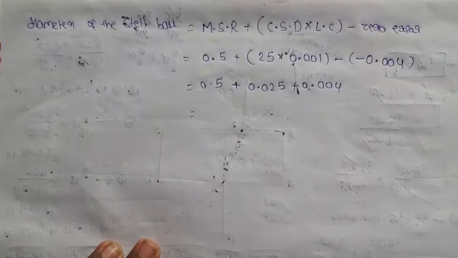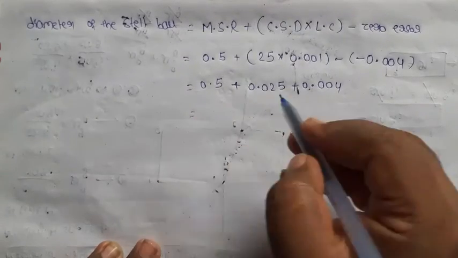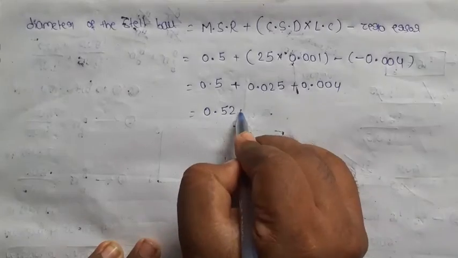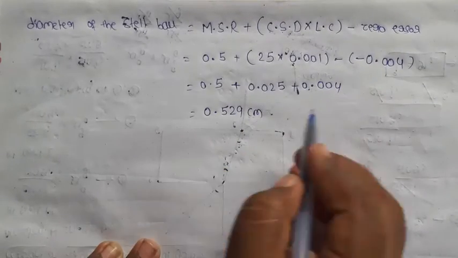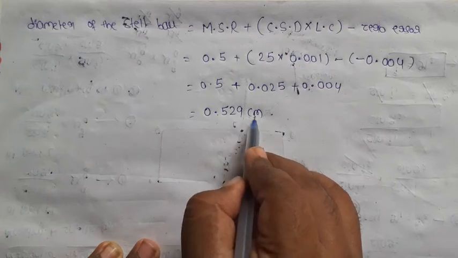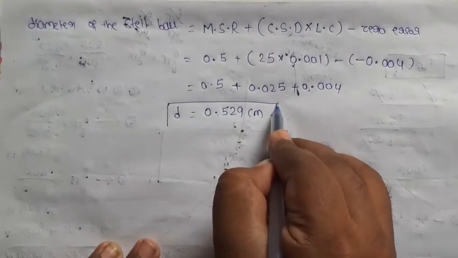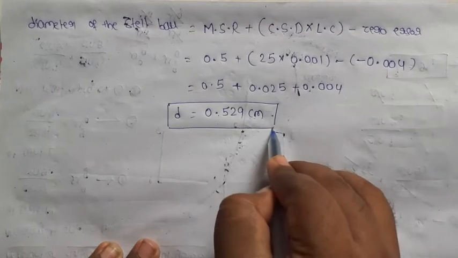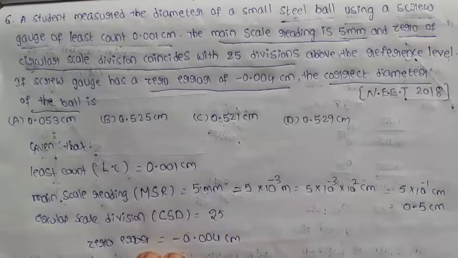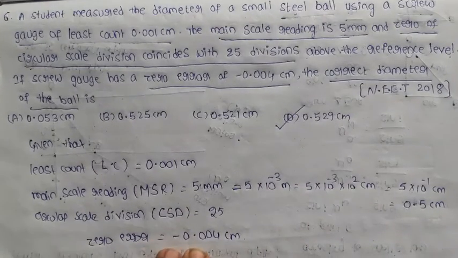What is the total value here? By adding these three values we get 0.529 centimeter. So diameter of the steel ball is D equal to 0.529 centimeter. This is the answer. Now see the options here. Option D is the correct answer. Move to next question.